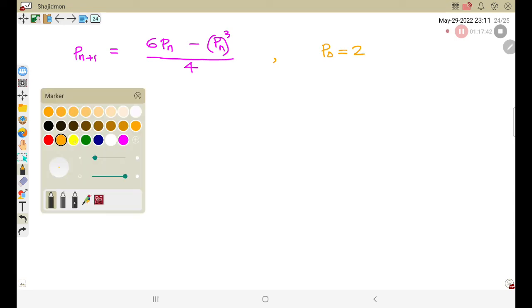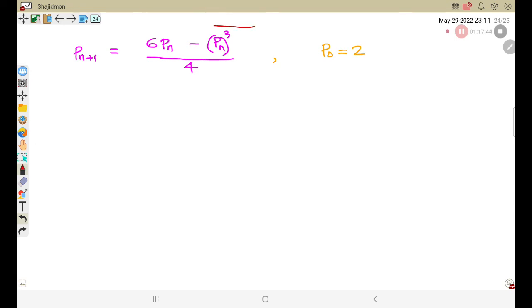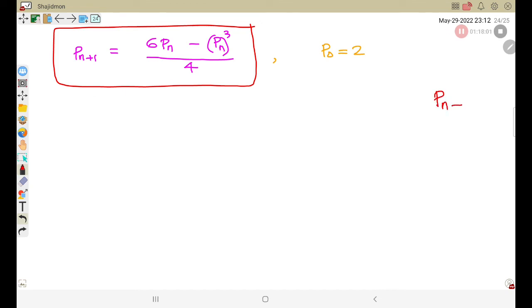Now think about this one. Pn plus 1 equals 6 multiply Pn minus Pn power 3 divided by 4. Now first we calculate P1. If you want to get P1, you need to give n equal to 0. Then 0 plus 1, you will get P1.